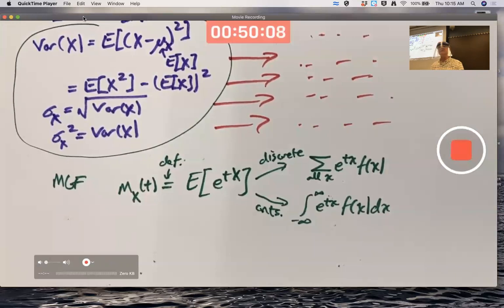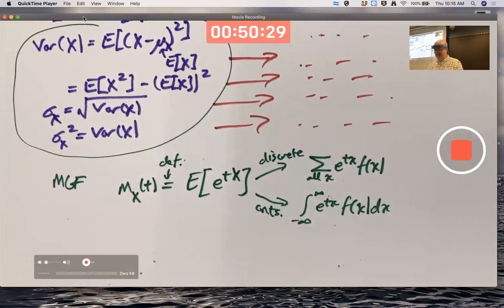What are moment generating functions good for? What do they do? It's in the name. They find or generate moments.